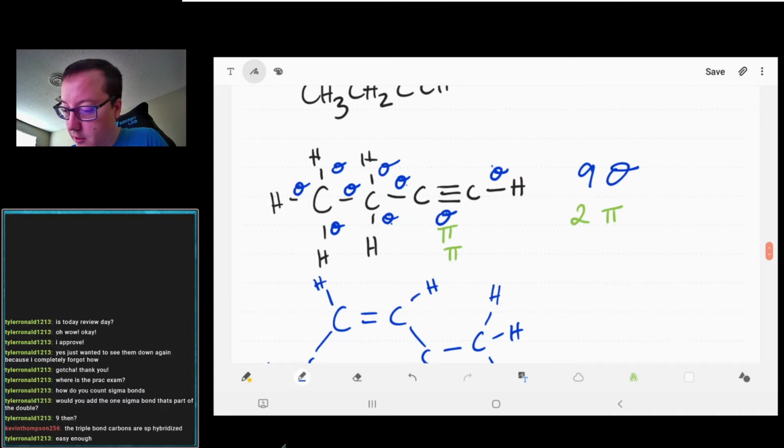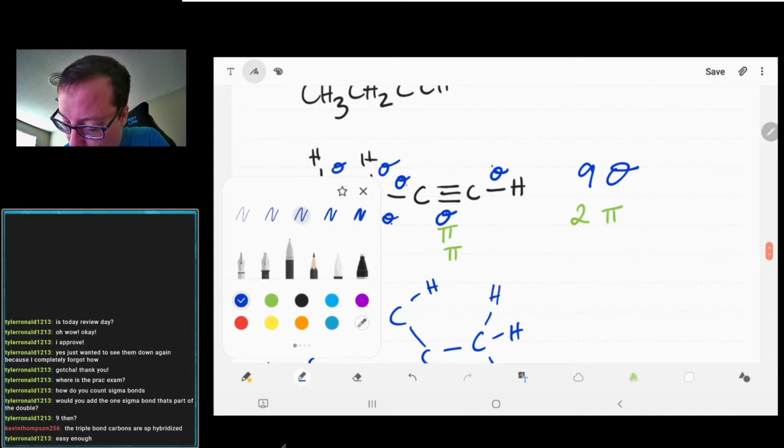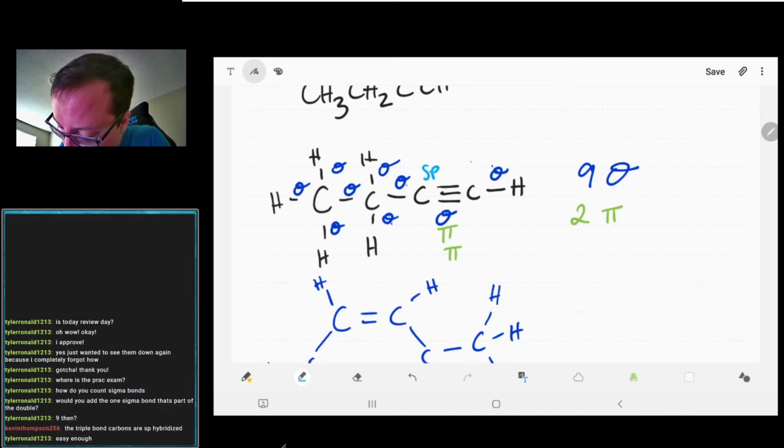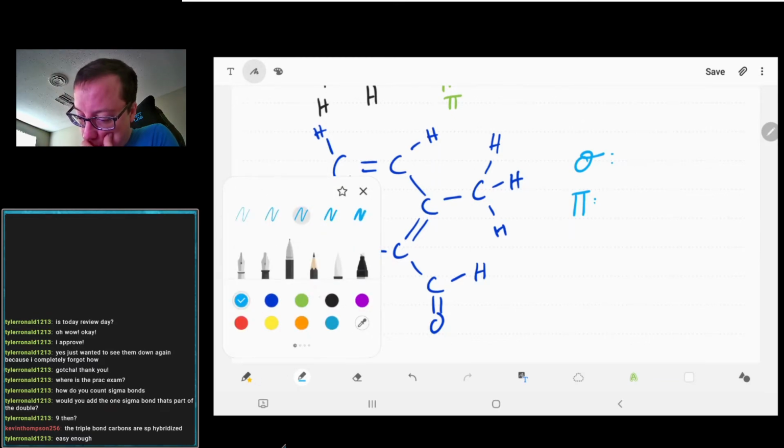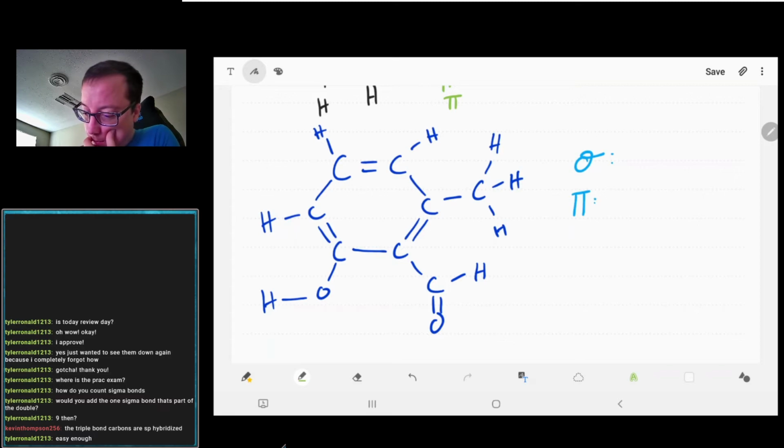So all the other carbons are, yeah, so this would be, if we were looking at hybridization, these two would be sp, the other carbons would be sp3, if we're looking at those. Okay, crazy molecule here. Let's look at, we can do all sorts of things. Let's see how many sigma bonds total we have and how many pi bonds total we have with this one. This is quite a daunting molecule for this type of question, but we can do it anyway.